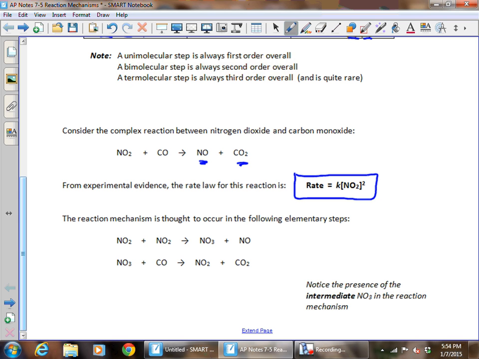So we know that's true. We think that the mechanism involves these two elementary steps: two NO2 molecules collide, and when they do, they form an NO3 and an NO. That NO3 then collides with the carbon monoxide that's in the container with it, and oxygen is transferred, and we get NO2 and CO2. So those are the two elementary steps believed to occur.